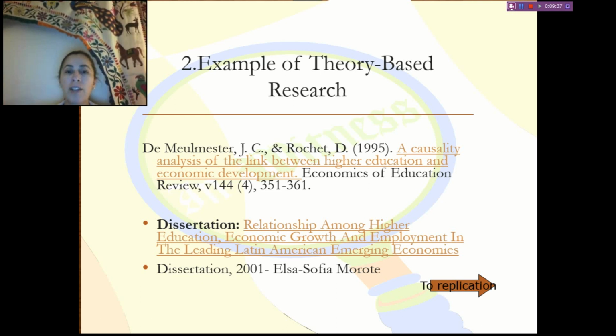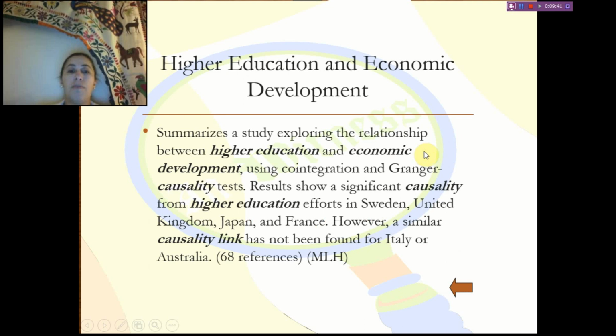I found an article that, if I were the author, would be something I would be writing. When I read the article, this is the summary. It was a study that explored the relationship between higher education and economic development using co-integration and Granger causality test.